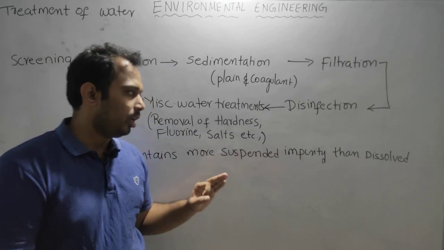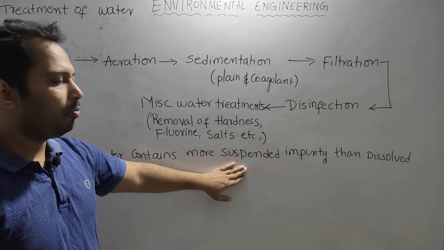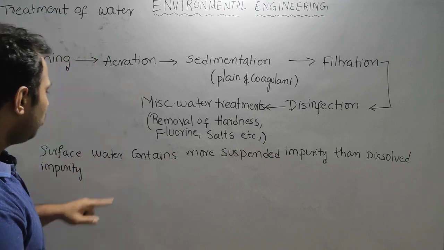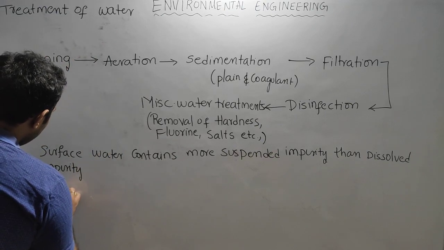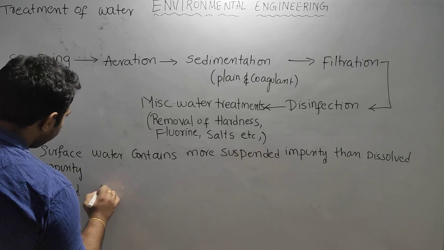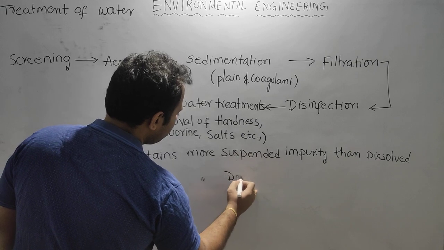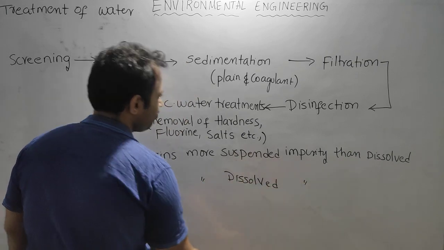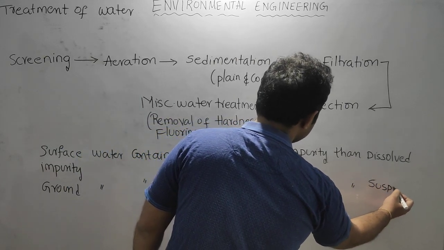That is why in surface water, more suspended impurity is present than dissolved impurity. That is one thing. If you go for groundwater, it contains more dissolved impurity than suspended impurity.